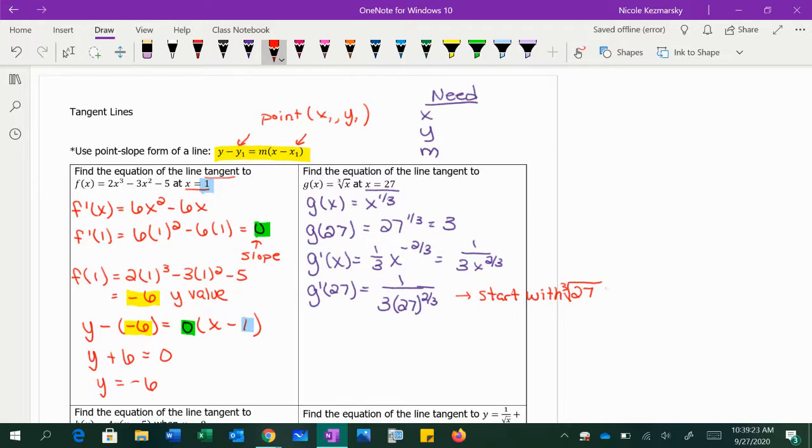So 27 under a cube root is 3. Then 3 squared, which is 9. So that gives me 1/3 times 9, or 1/27.